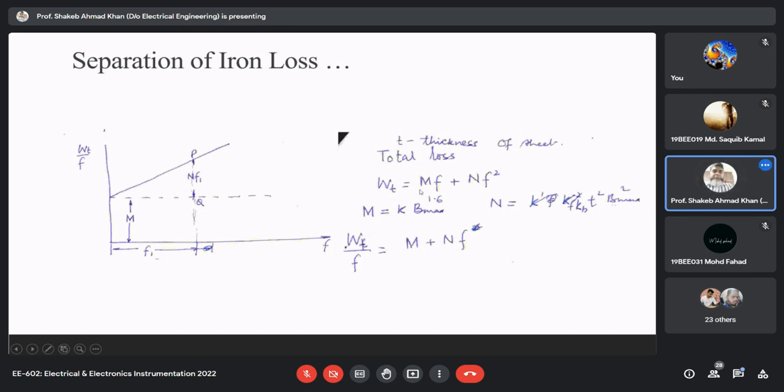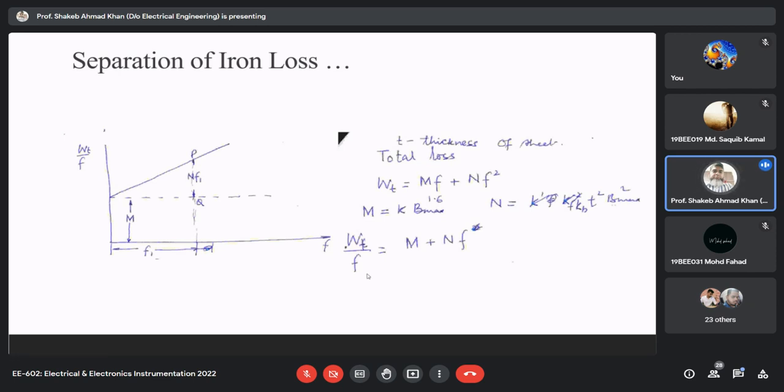Anyway, that is not the main focus here, because these all are constants, together represented by another constant. Only thing is how we are separating these two losses using this graphical method, getting this plot, and then separating the hysteresis and eddy current loss.